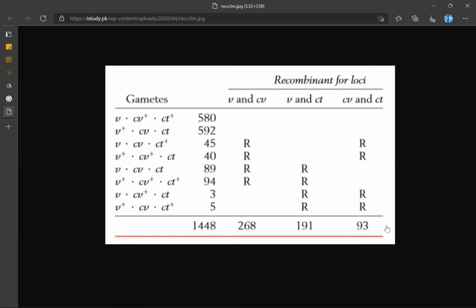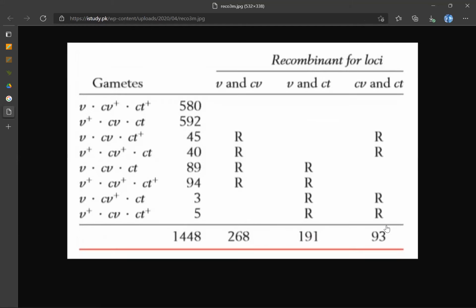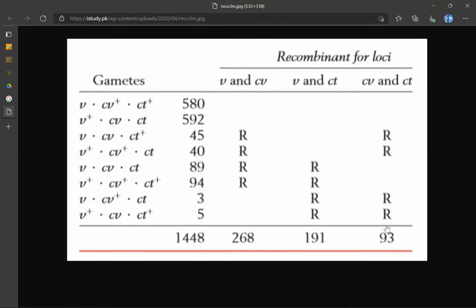What are we looking for, firstly, when we're doing 3 point crosses? The middle gene, non-recombinance, just like in general. Yes, we do need to find the middle gene and the non-recombinant progeny. Exactly, Casey.